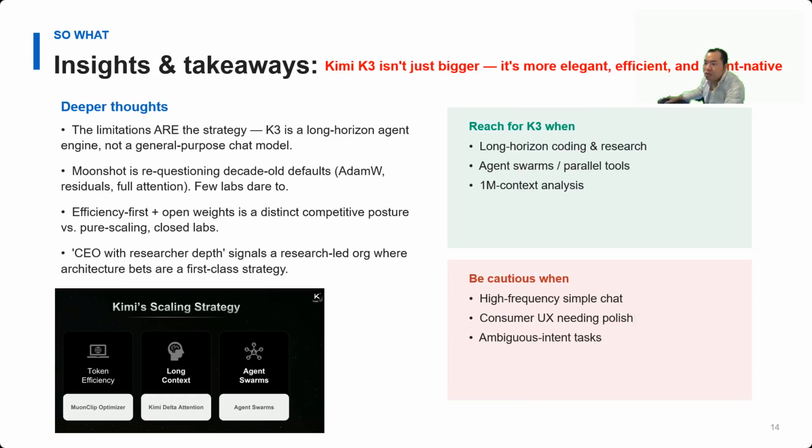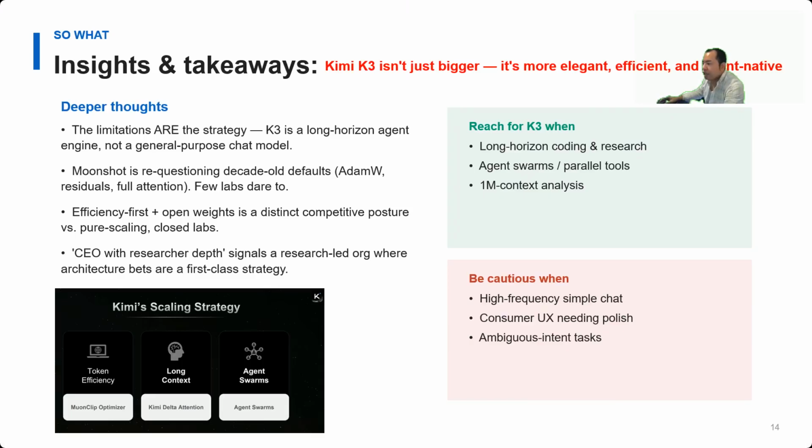Secondly, the Moonshot AI company is doing something real, and they are reconsidering the decade-old defaults. They are re-engineering the traditionally used optimizer, and also redesigned the residual connection and full attention. I think most labs treat those as fixed and just scale, which is not adaptive and dynamic for future memory efficiency, hardware-aware large models, or multimodality model design.